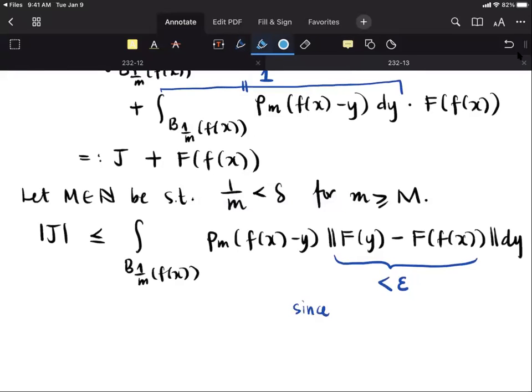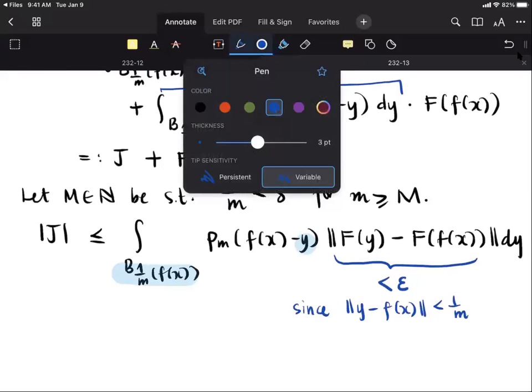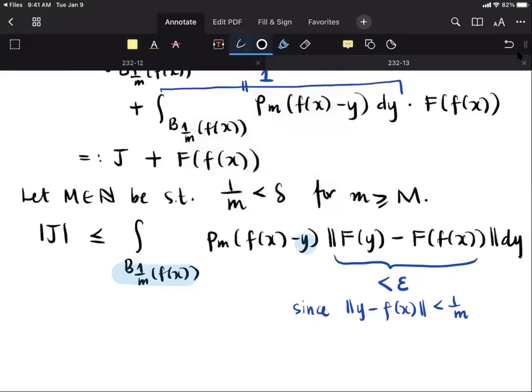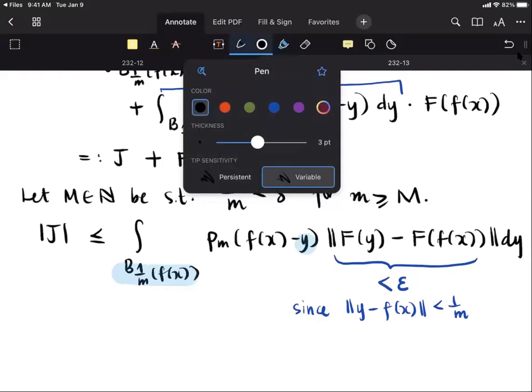if y belongs to this ball, it means that the distance of y and f of x, that's the center, is less than 1 over m. For m greater than capital M, this would be less than delta.